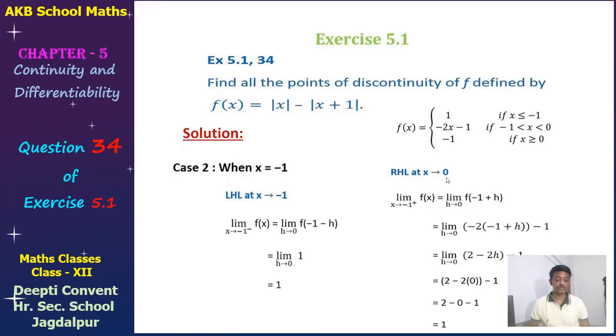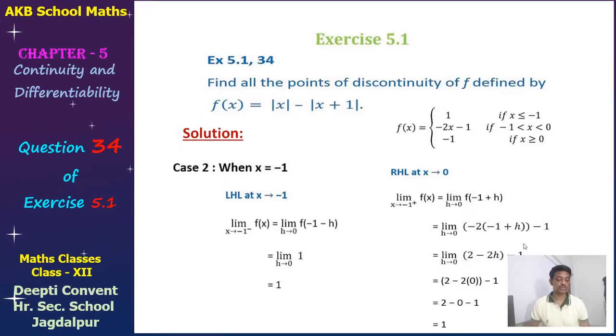Extending to minus 1, sorry, this is wrong. Okay, extending to minus 1: minus 1 plus h. This is the right hand side of minus 1. Here we use minus 2x minus 1, where x means minus 1 plus h.